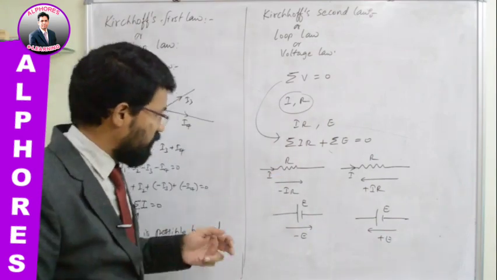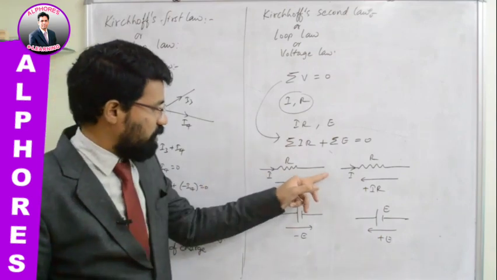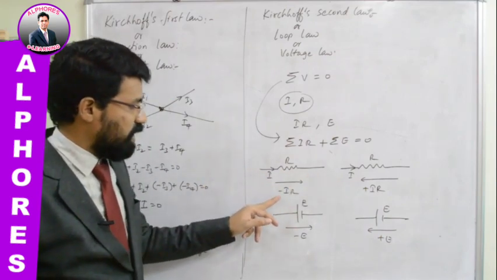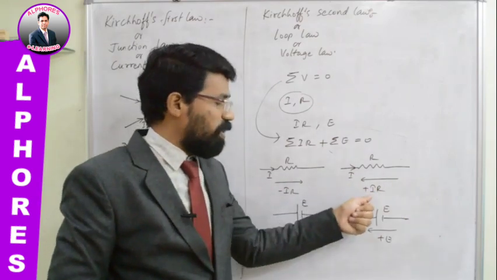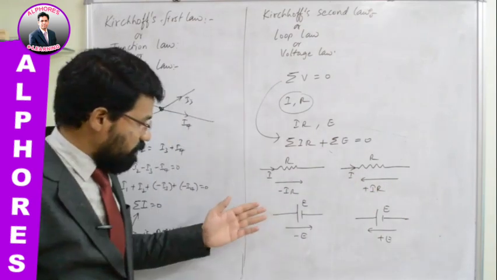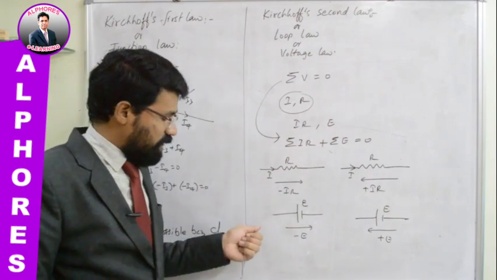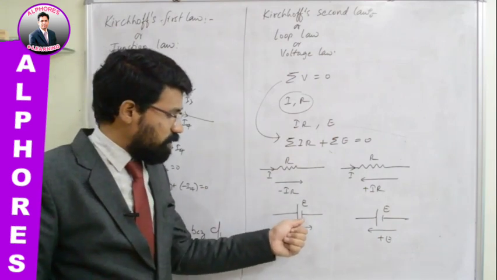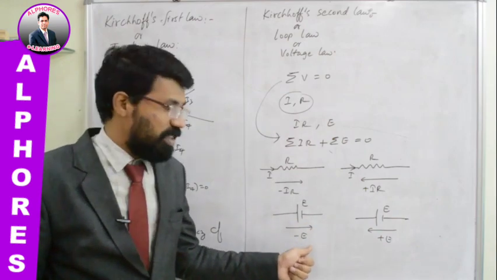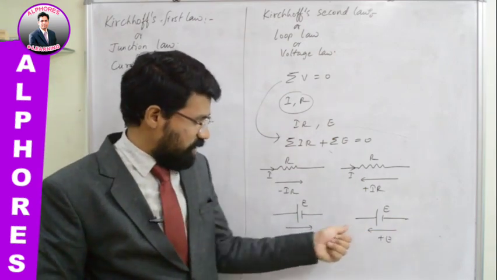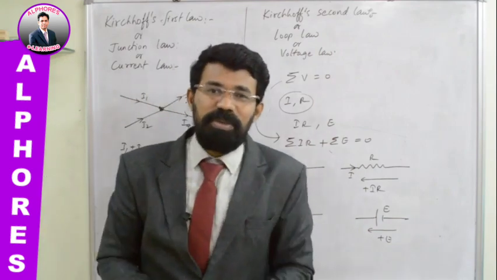Let me reiterate this one. When you are traveling along the direction of the current, the potential across a resistor will be taken as minus IR. Along the direction, minus. Opposite to the direction of current, plus IR. When you are dealing with cells, if you are tracing the cell from the positive electrode to the negative electrode, high potential to low potential, minus E. What do you mean by tracing?